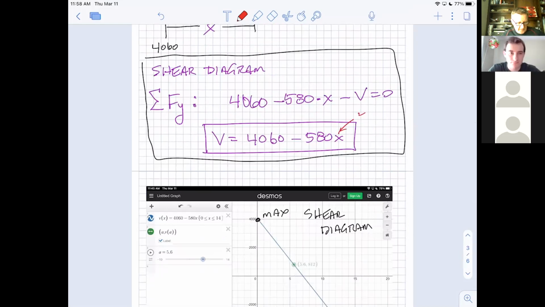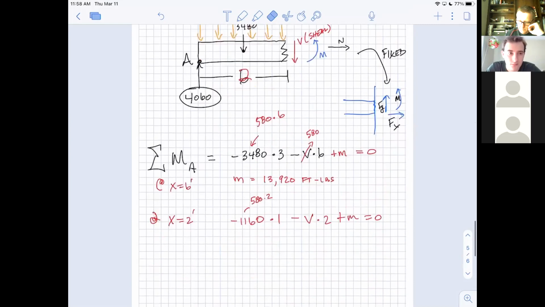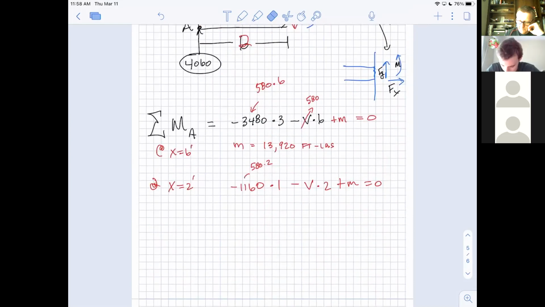So 4060 minus 580 times 2, 2900. So this is 2900 at x equals 2.